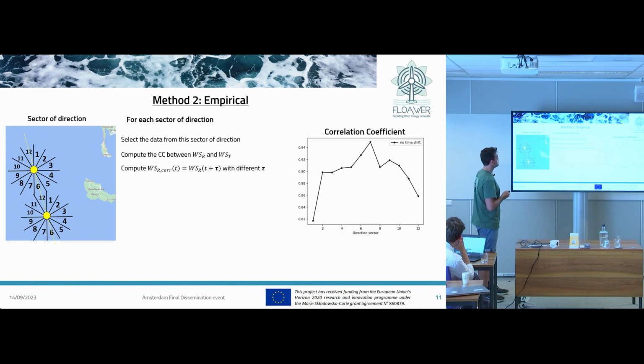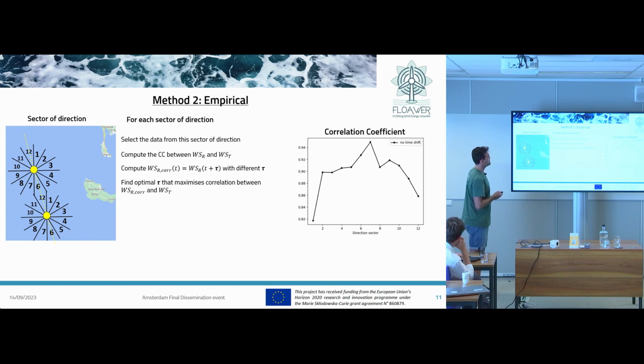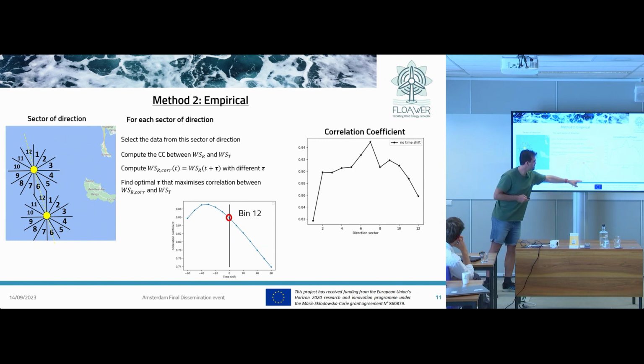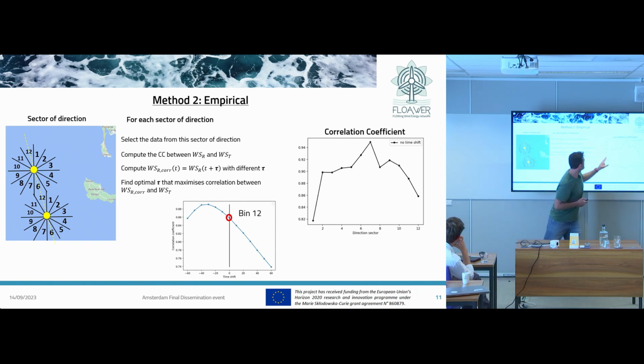Then I apply a time lag correction by using different time lags, and I find the time lag that maximizes the correlation coefficient. If we take, for example, bin 12 here, we can see that if we don't do anything, so 0 time shift, we have a bit less than 0.86 as a correlation coefficient.